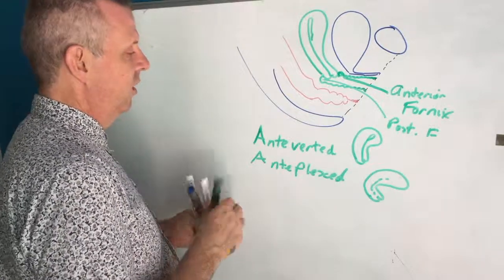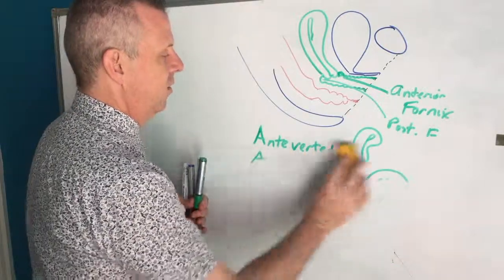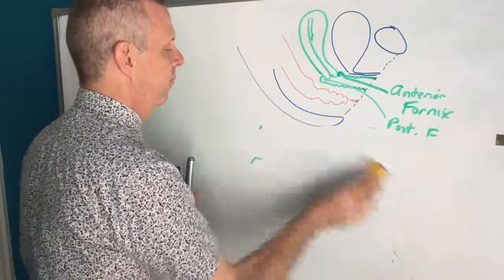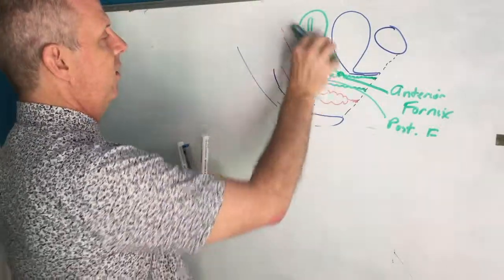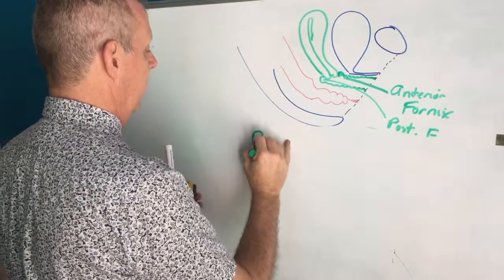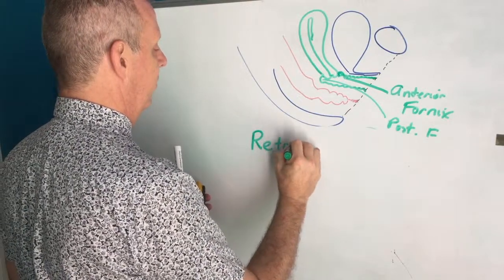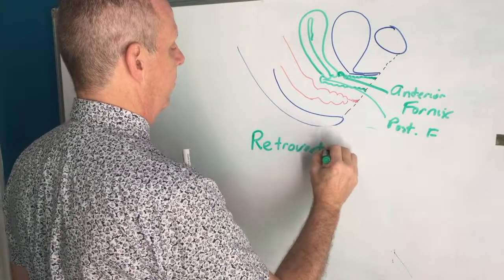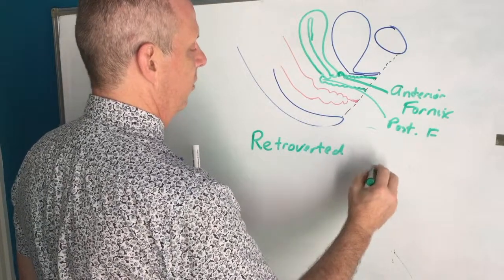Now, if the uterus is facing the other way, where it's facing this way, that's called retroverted. This obviously makes common sense now. There is some logic to all this.